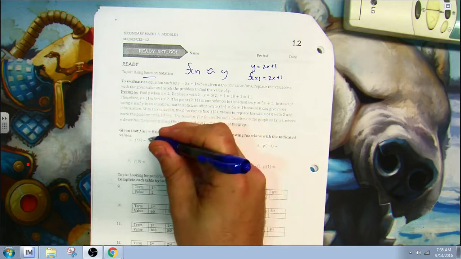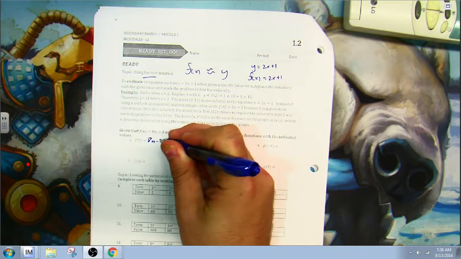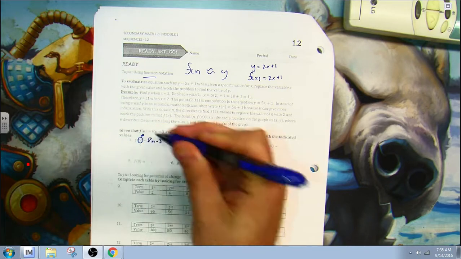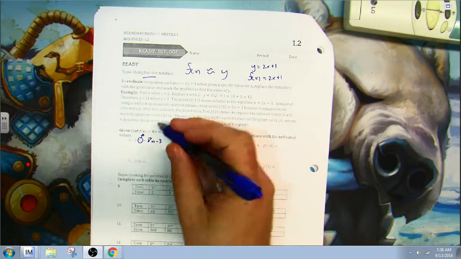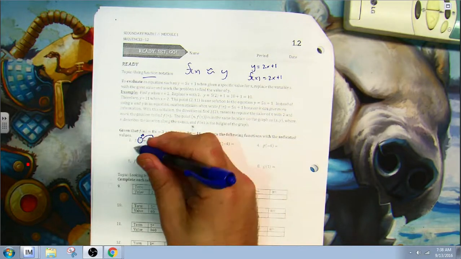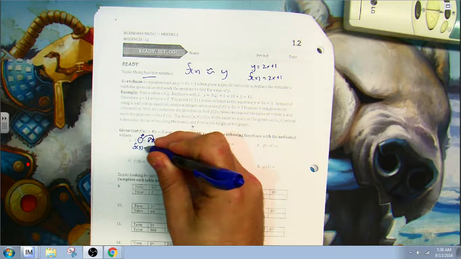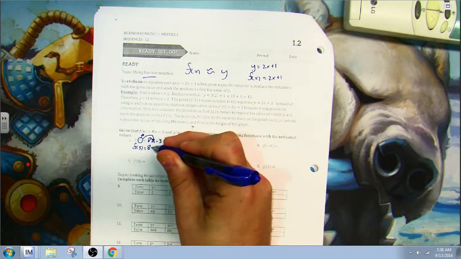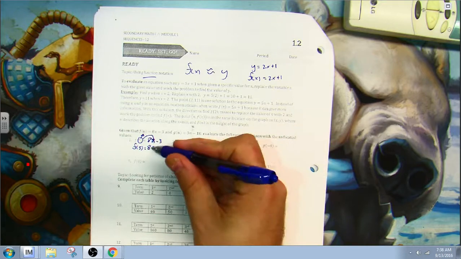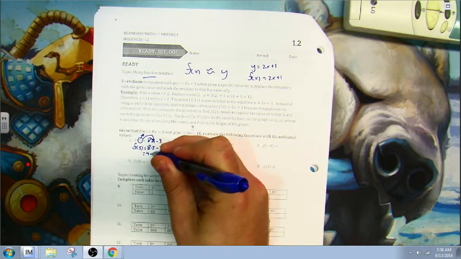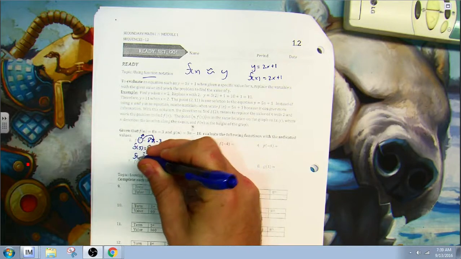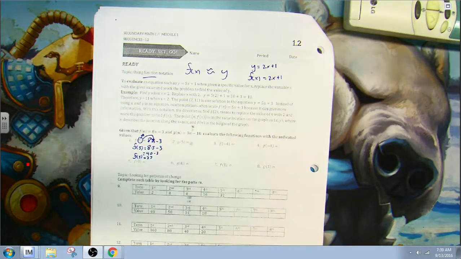So this would be 8n minus 3, but because this 5 right here is where the n is supposed to be, that tells me that the n here should be 5. So when I say f of 5, what I mean is 8 times 5 minus 3. And then I just evaluate from there. So I know that 8 times 5 is 40 minus 3, and that's going to be 37. So I know that f of 5 equals 37.